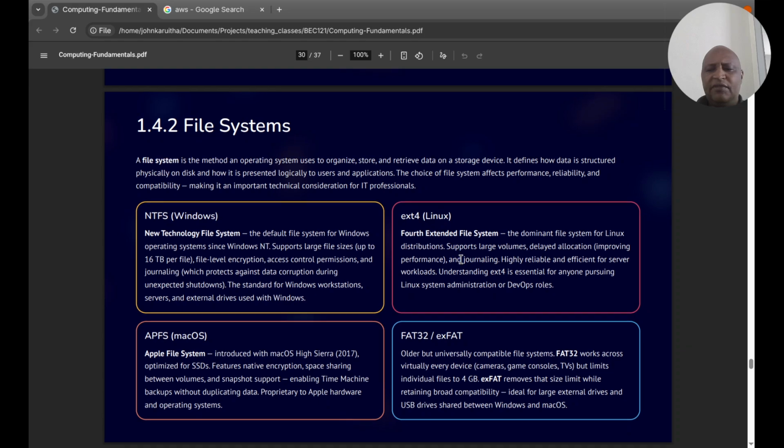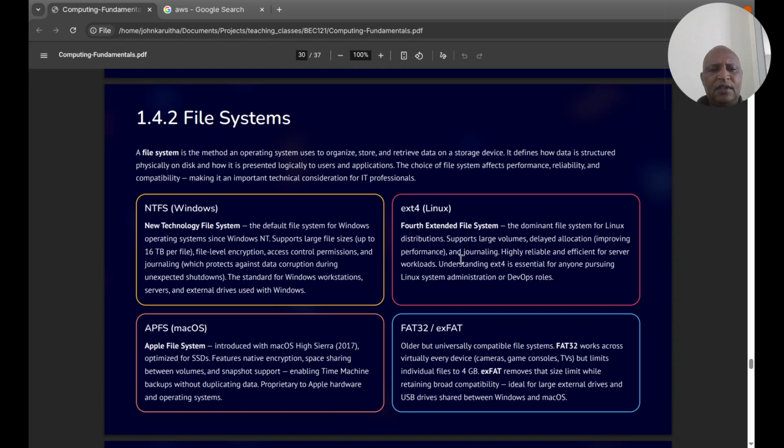We have what we call file systems. How does the operating system organize, store and retrieve data on a storage device? We have very many versions depending on what operating system you are using. The oldest one used to be FAT32, but it is very nice because it is compatible.